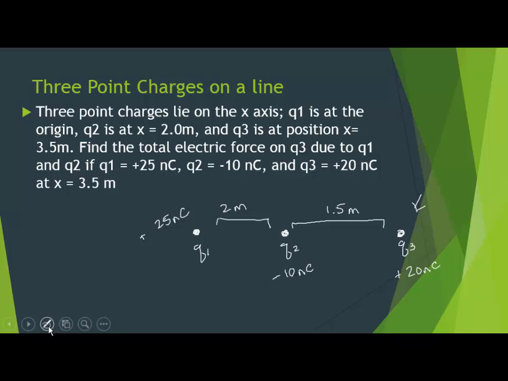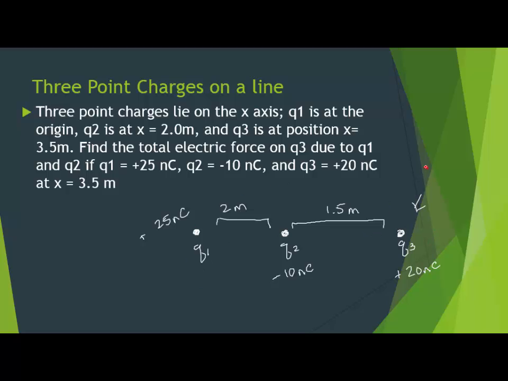In all of these examples, the very first thing I like to do is to draw my force vectors. Right now, with these charges in a line, it might be easy to see, and you might think you don't need to do it, but when the geometry gets tricky, like with squares or triangles or anything else like that, you want to draw the force vectors so you can see what's happening on the charge that you're concerned about. So here on charge 3, he's experiencing 2 different forces: an attractive force between Q2 and Q3, and a repulsive force between Q3 and Q1.